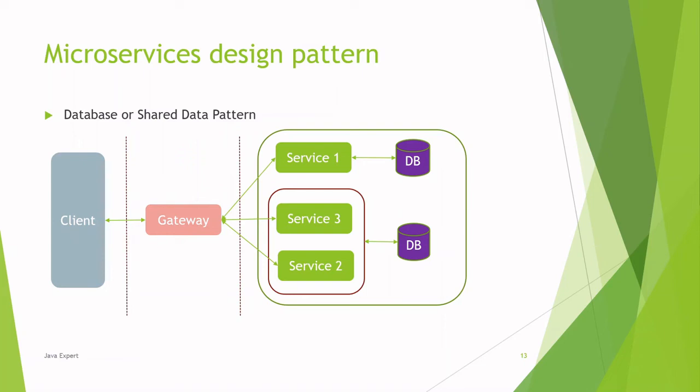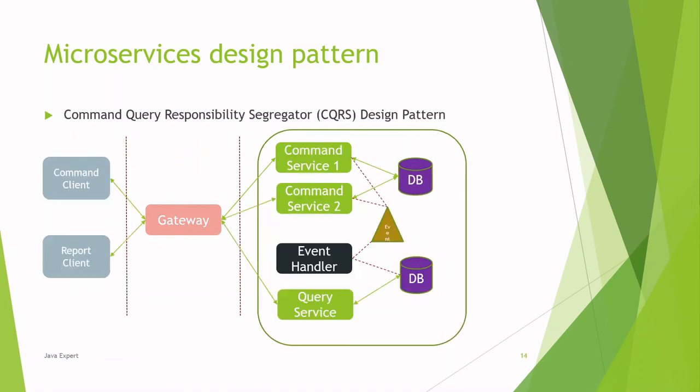We need not maintain the same data in different databases. Based on that, we can group the services and keep a common database. So that is called the database or shared data pattern. Got it, right? We'll move to the next one. Command Query Responsibility Segregation, CQRS design pattern.